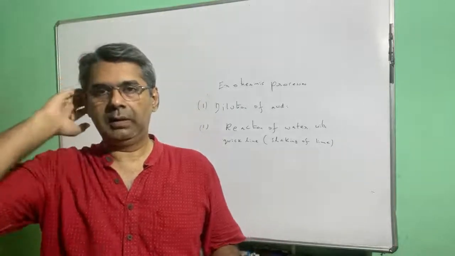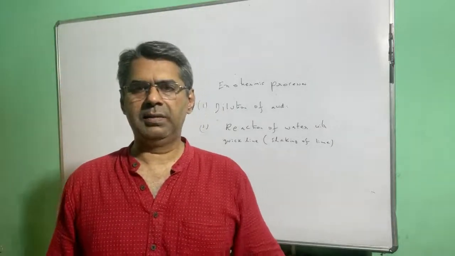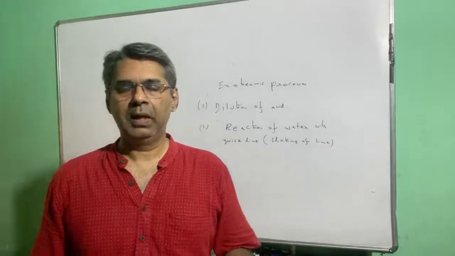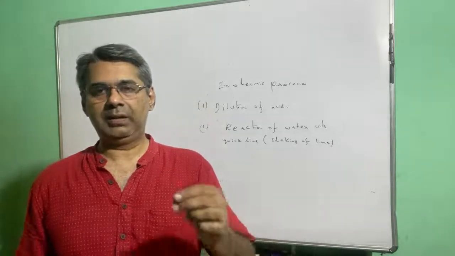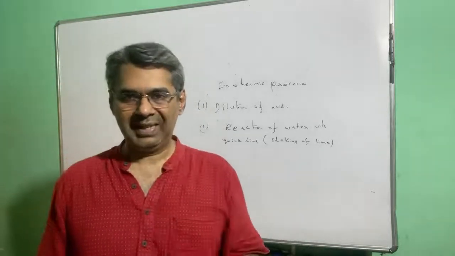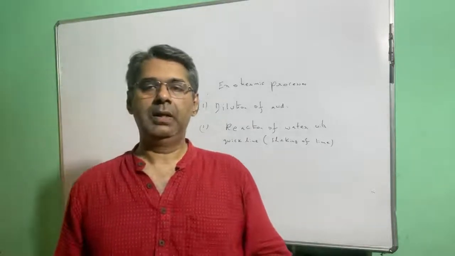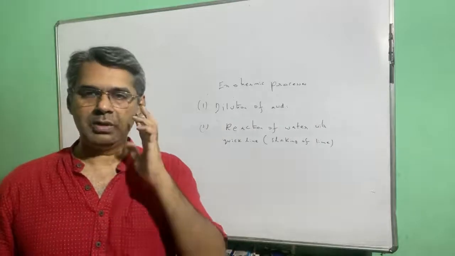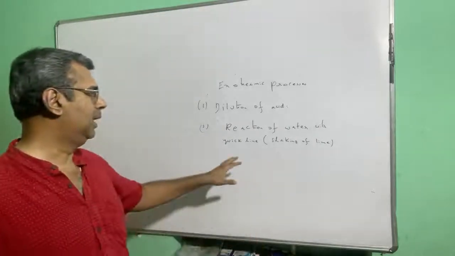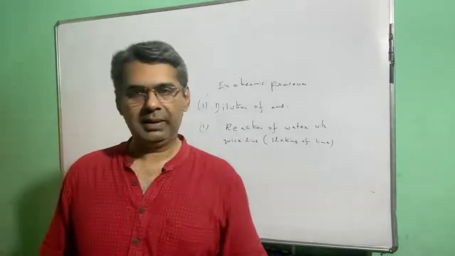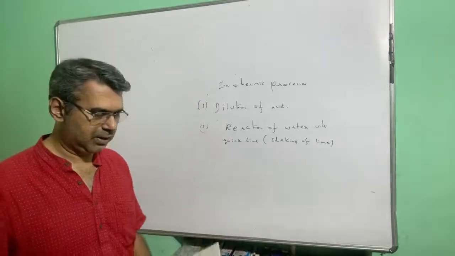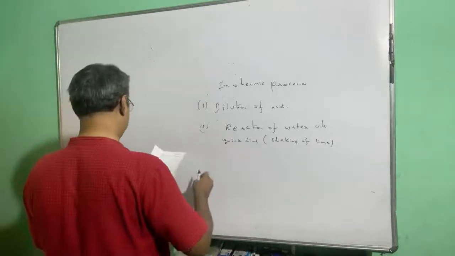If you react water with quicklime, that is in fact known as slaking of lime, because when you react water and quicklime, you will get slaked lime. So quicklime changes to slaked lime. The reaction of water with lime is also known as slaking of lime. It is a highly exothermic reaction.